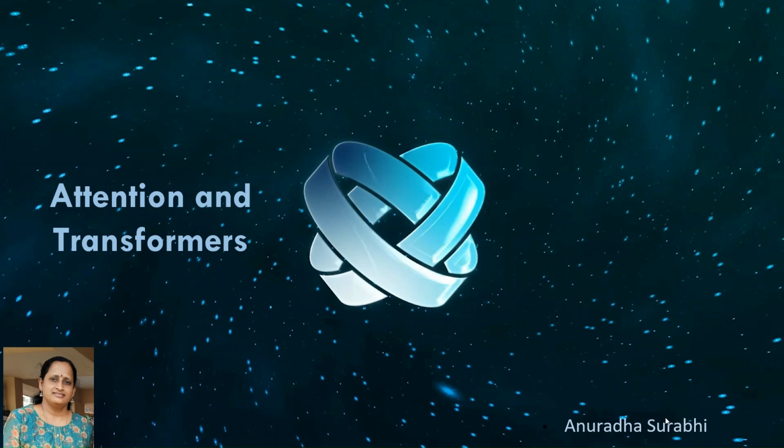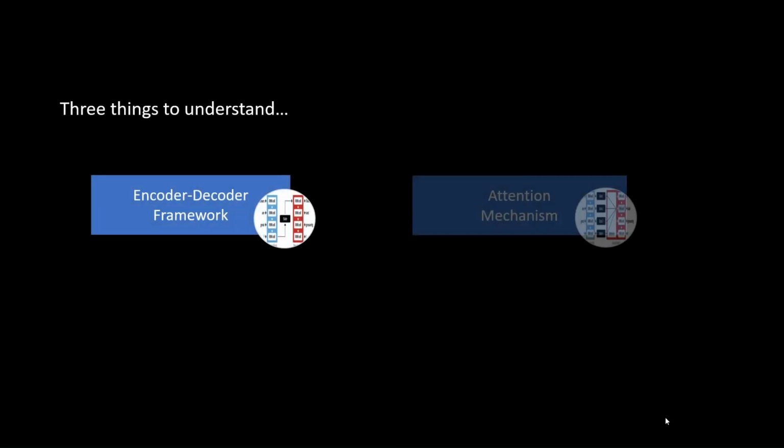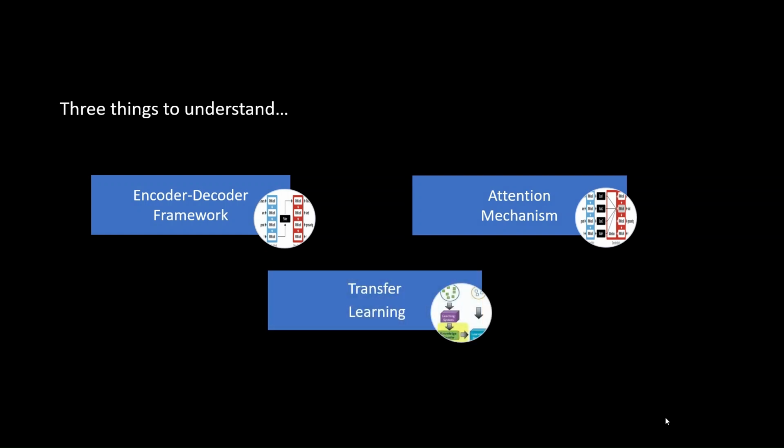So to grasp the novelty of transformers, it is crucial first to understand the encoder-decoder framework, attention mechanism, and transfer learning. These foundational concepts are essential for appreciating how transformers have revolutionized fields like natural language processing.